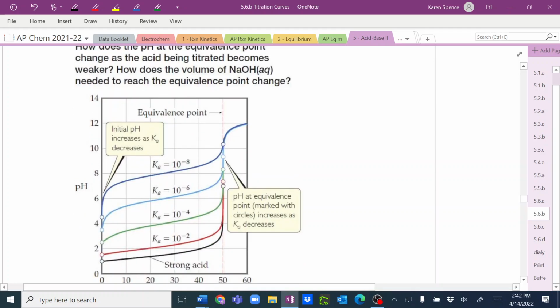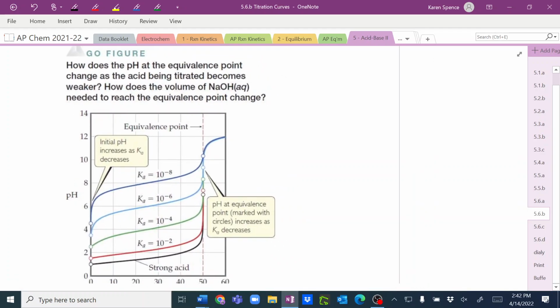So we'll take a look at this. You'll notice they all take the same volume to get to the equivalence point, yes? But as the acid becomes weaker, what can you say about the pH at the equivalence point?